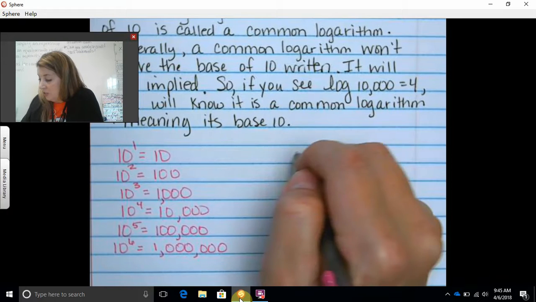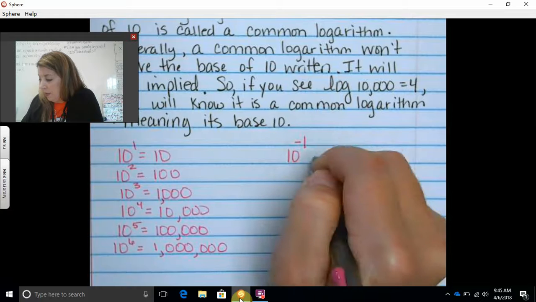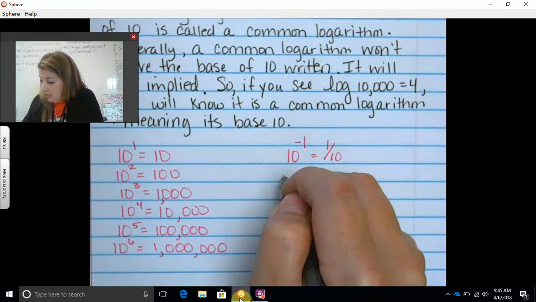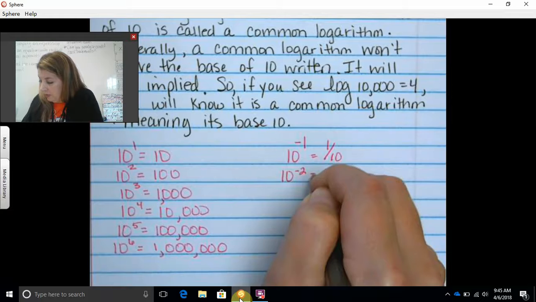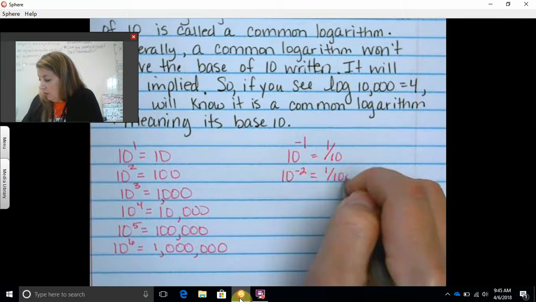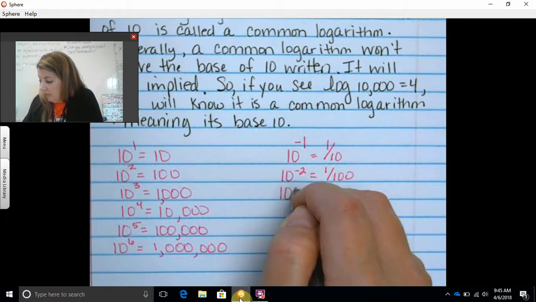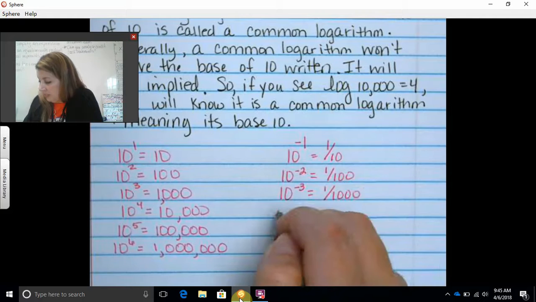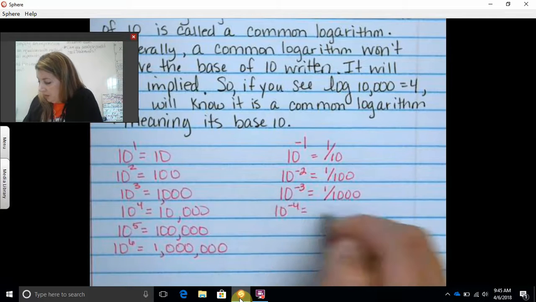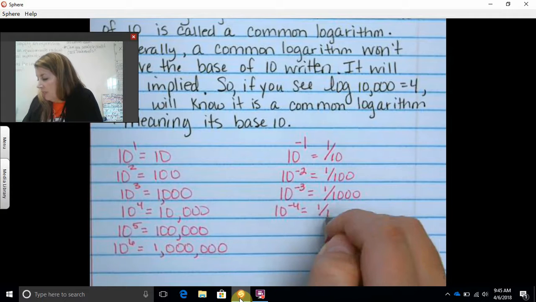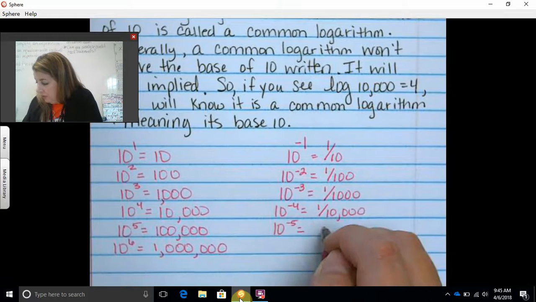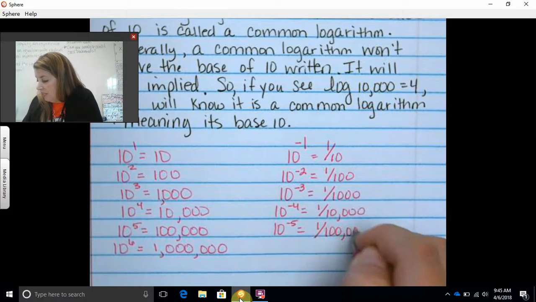What is 10 to the negative 1 power? 1/10. 10 to the negative 2 power? 1/100th. 10 to the negative 3rd power? 1/1,000th. 10 to the negative 4th power. 1/10,000th. 10 to the negative 5th power. 1/100,000th.